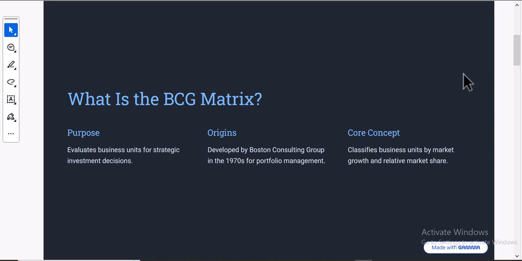The core concept in this BCG matrix is to classify business units by taking two dimensions. The first one is market growth, and the second is the relative market share. So these two dimensions are taken, and we come up with the BCG matrix that we are going to explore.